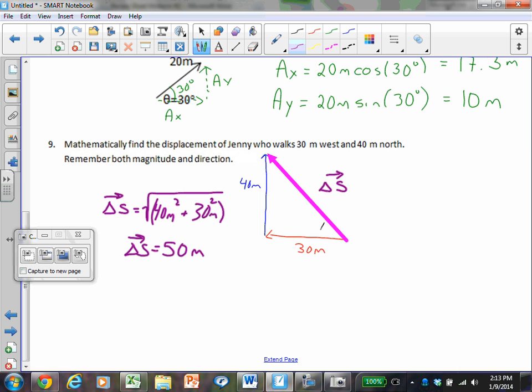Right, so if I find this theta here, and Caroline was saying, take the tan inverse of what over what? Well, if I do the negative, the calculator doesn't know if the x is negative or the y is negative. So if you do it, it will tell you minus 53 degrees. But minus 53 degrees would mean like down here. So we'll do 40 over 30. And when I do that, I think it comes out 53, right?